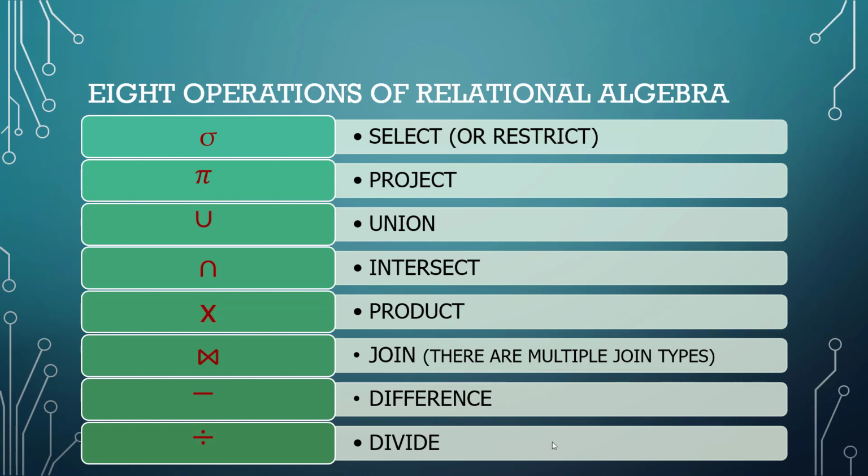There's the intersect, again, a very well-known operation with set theory. There's the cross product, which uses the multiplication x operator. There's the join, and there are multiple types of join. It uses the theta symbol. And there's the difference. So the difference in relational algebra also uses the minus symbol. And there's a divide operation, and that uses the division symbol that you already know.